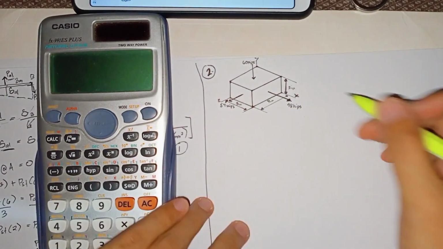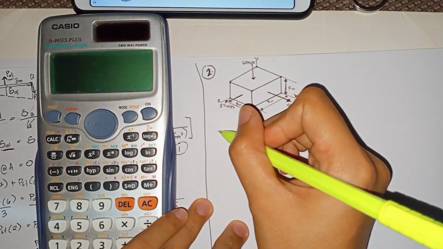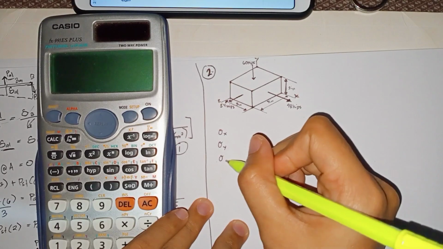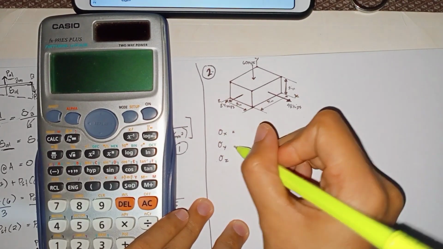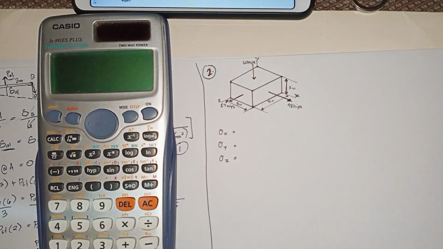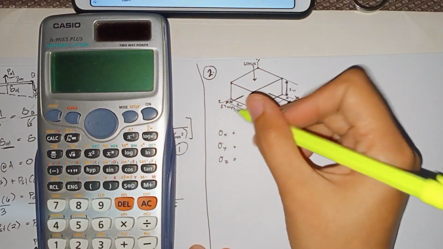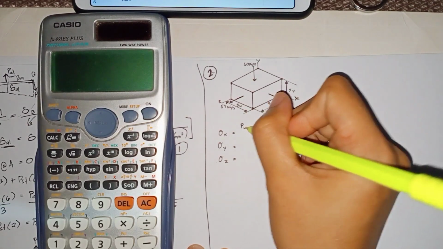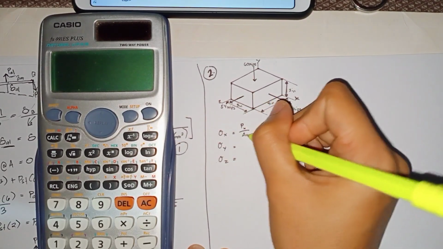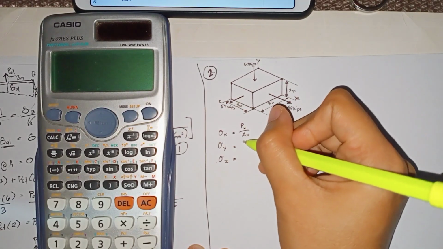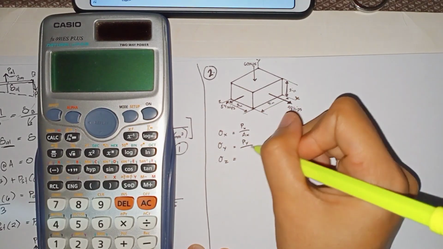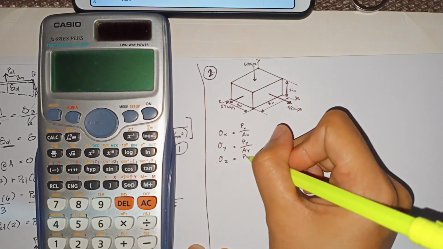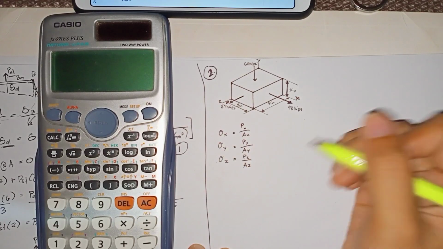So, meron tayong tatlong stresses dito, which is yung stress ni X, stress ni Y, and stress ni Z. So, gagamitin natin yung formula. So, ang formula ng stresses natin is force all over area. So, that is P of X all over area ni X. And then, ito siya is P of Y all over area ni Y. And then, P of Z all over area ni Z. Okay?